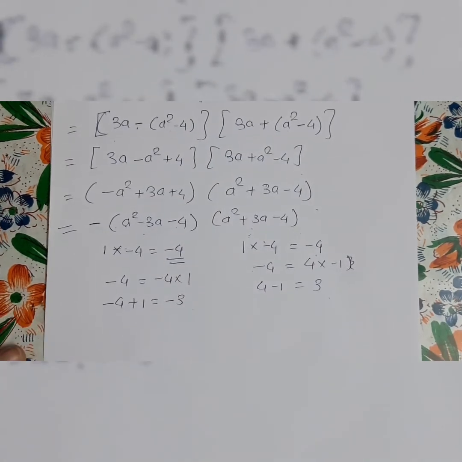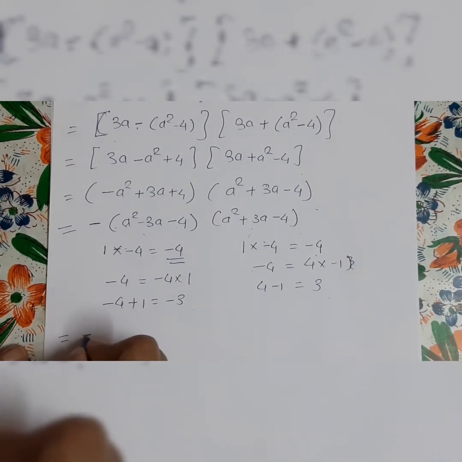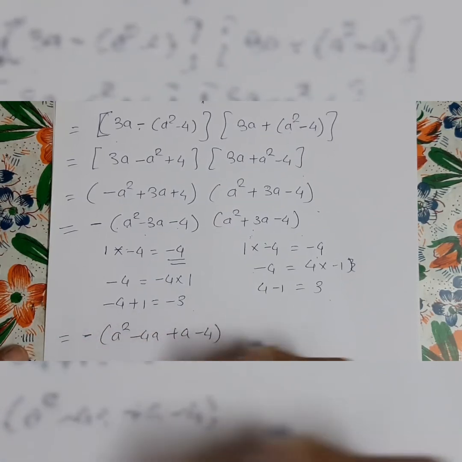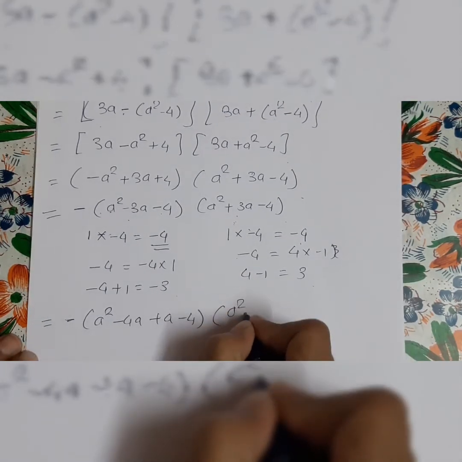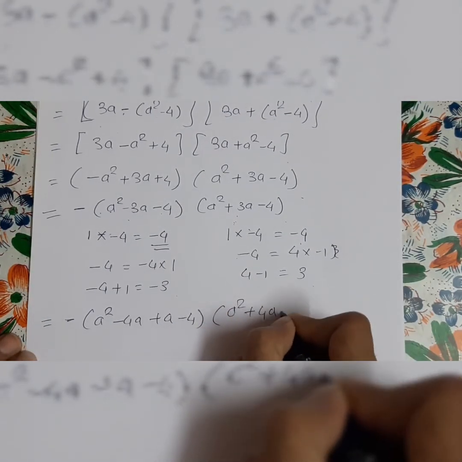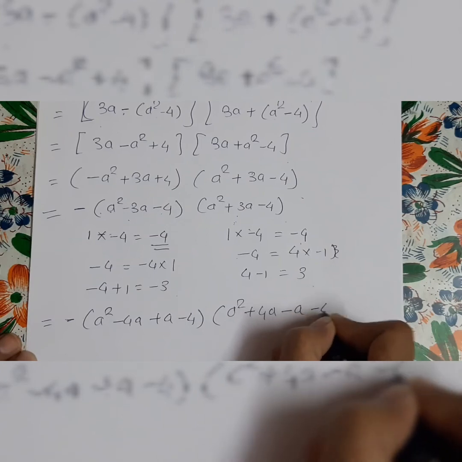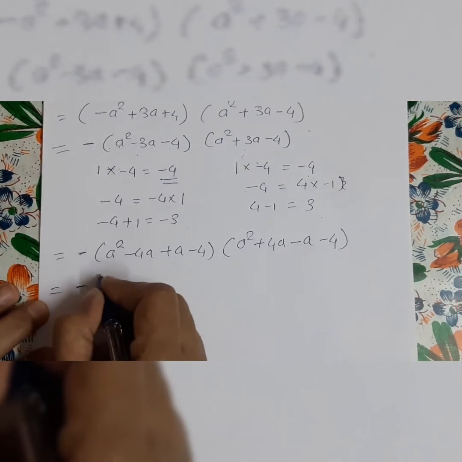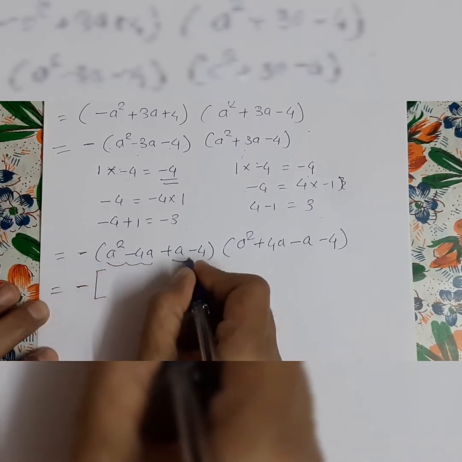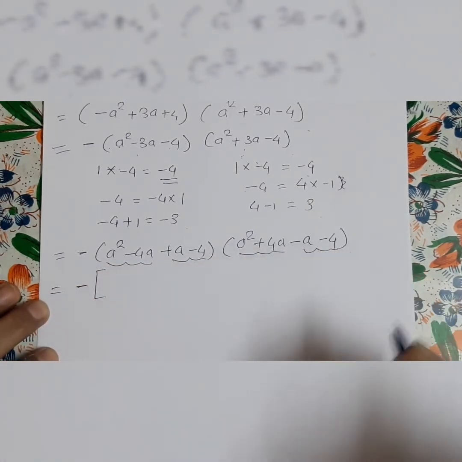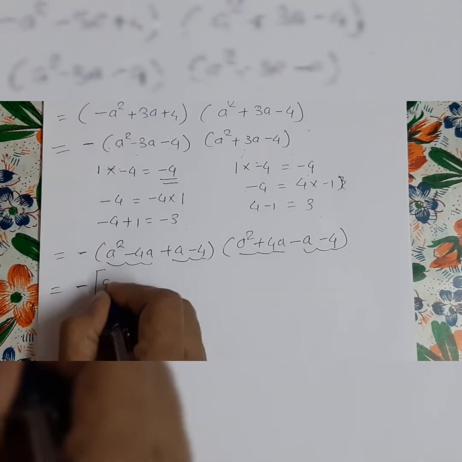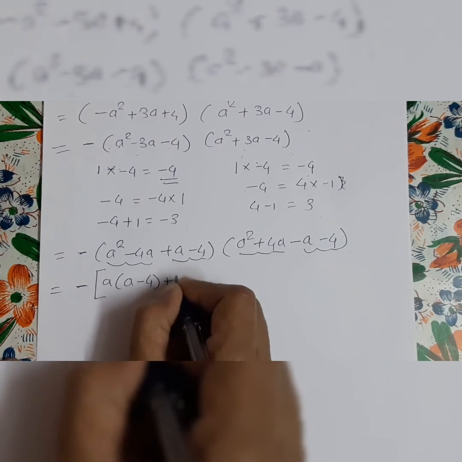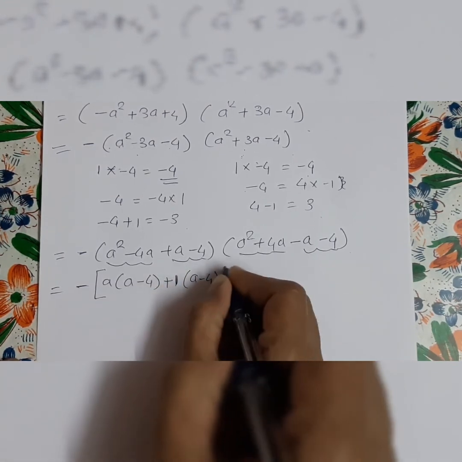So I will write here, it is minus (a square minus 4a plus a minus 4), and here a square plus 4a minus a minus 4. From the first two and last two terms, you have to take the common things. If you take a common, it is a minus 4, plus nothing is there means 1, it is a minus 4.